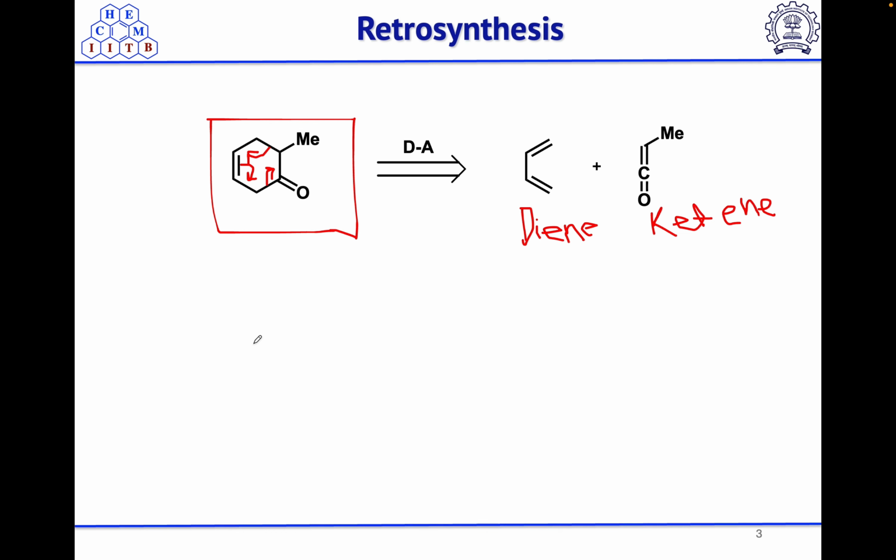Some ketene equivalent we can use as a dienophile in the Diels-Alder reaction.